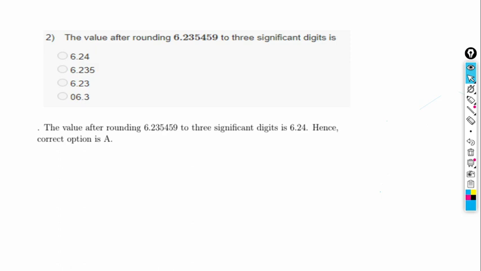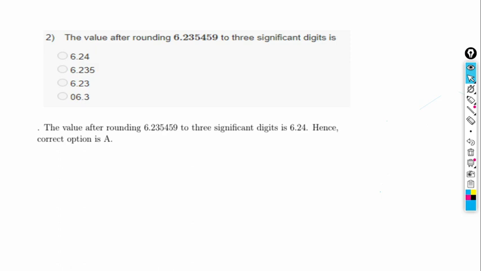So answer is C, 0.0003. You can see what is the formula for relative error. That is modulus of error upon modulus of true value. So here true value is equal to 3.141, and when you calculate error, that is when you subtract the approximated value from exact value, you will get 0.001.